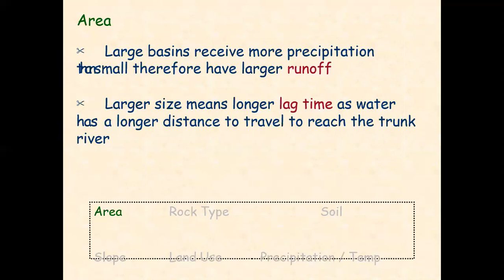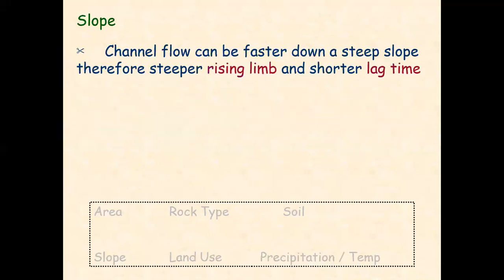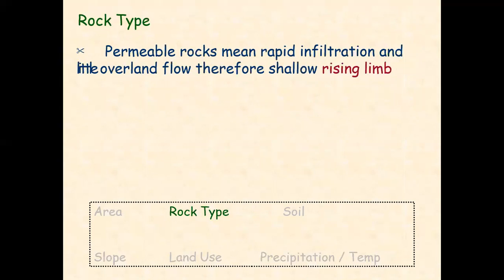Larger size means longer lag time, as the water has a longer distance to travel to reach the trunk river, or the time of concentration in the catchment area is more. Slope: channel flow can be faster down a steep slope, therefore a steeper rising limb and shorter lag times. It is a topographical parameter of that catchment area or watershed.